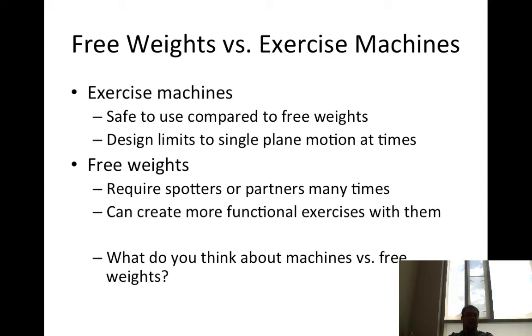It's a lot safer to change weight because you usually just pull the pin out, put the pin back in where you want it, and you can go on with your machine workout, right? Free weights require spotters or partners at times. Maybe you as an AT will have to spot for them. But you can create a lot more functional activities or exercises with them that are a little more dangerous, but if you teach the patient how to properly use them, you're usually fine.